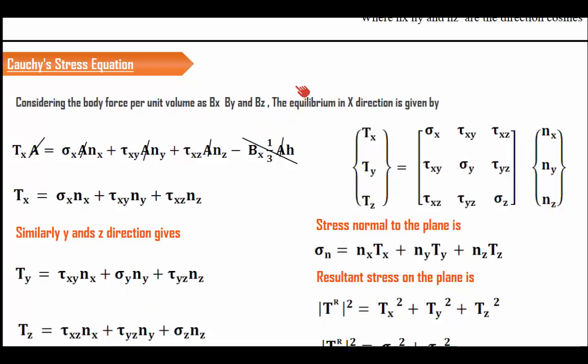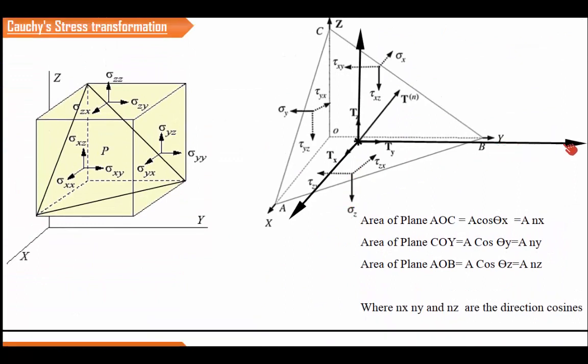Now what we have obtained is the stresses in the x dash direction, y dash direction and z dash direction. Now our aim is to find the stress acting normal to this plane. To find the normal, it's very simple, because right now we have sigma x dash, sigma y dash and sigma z dash, and we know that these angles are theta x, theta y and theta z.